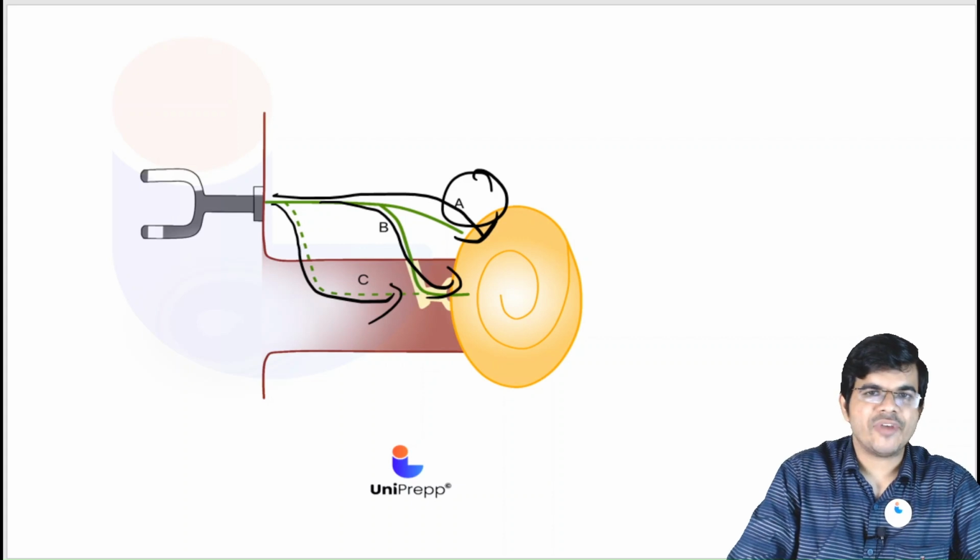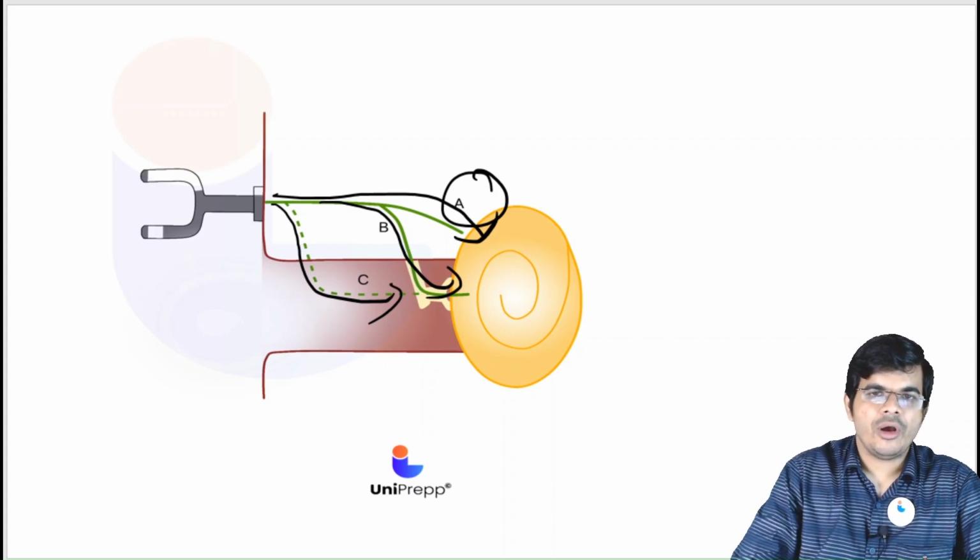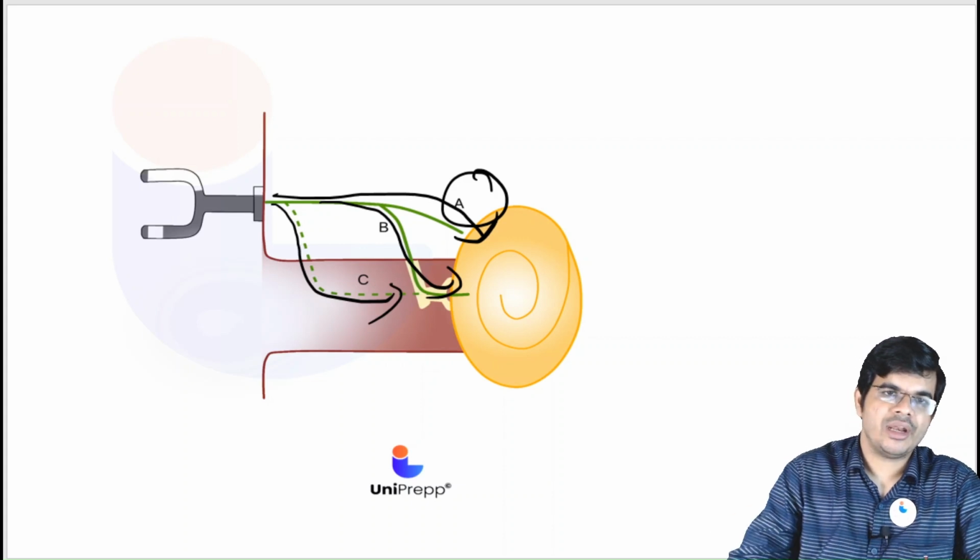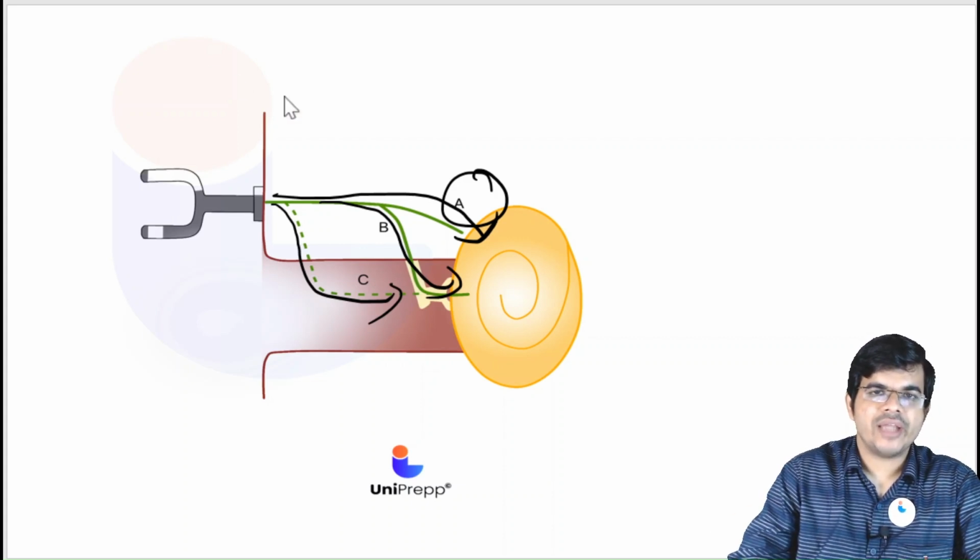Now what is the significance of this? You might have heard that in otosclerosis there is something known as Carhart's notch, right? Carhart's notch is seen at the area of 2 kHz in the bone conduction curve. Why is it occurring? It is precisely because of this.